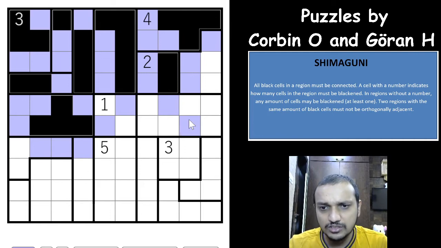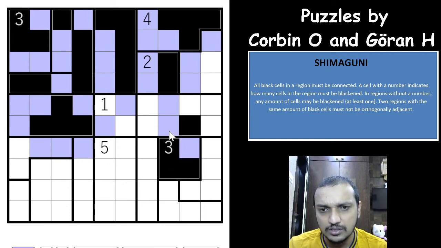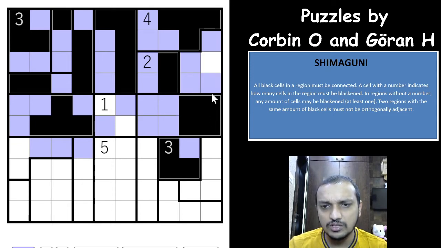So if you unshade this cell, you are not able to shade 4 cells in that region. So this cell is a shaded cell now, that makes this cell unshaded, and only these 3 cells are shaded. So both of these become unshaded, and these 4 cells are to be shaded. This is a shaded cell, unshaded, unshaded, all of these are unshaded.